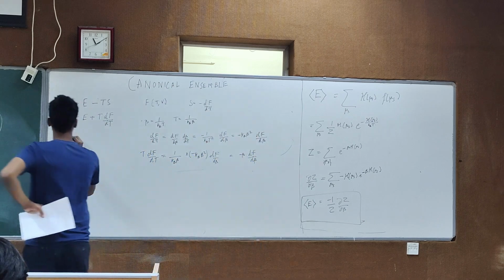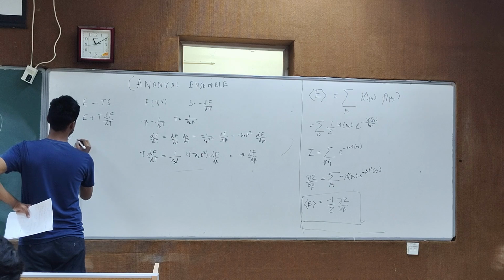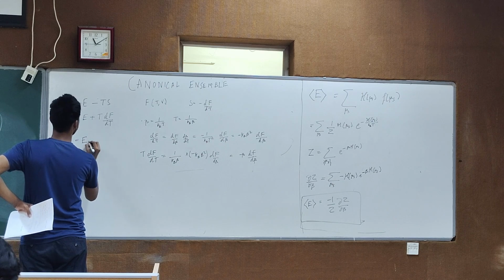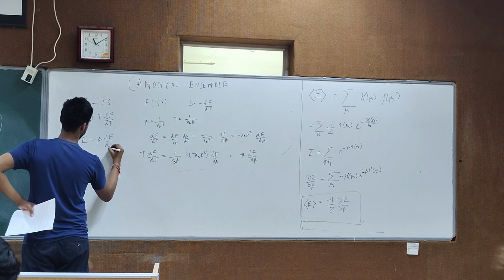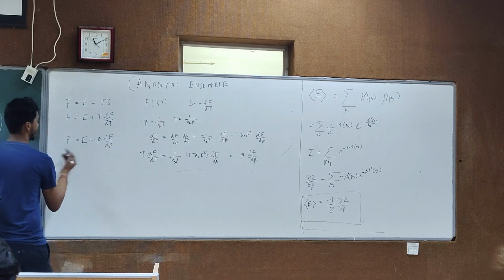So you get F is equal to E minus beta dF d beta, and let me take this side.